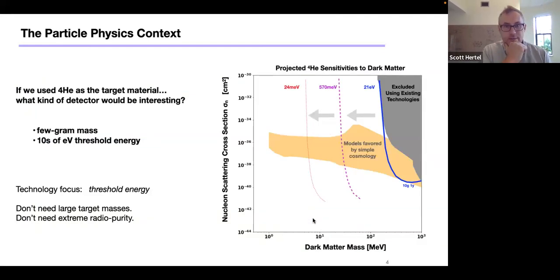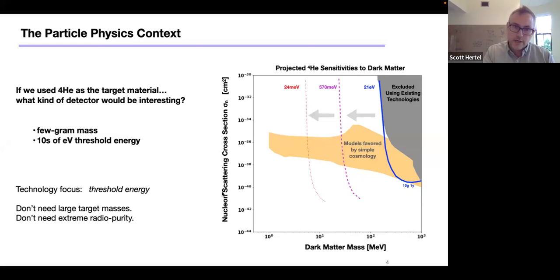If we had a helium-4 target material, and we were looking for recoils of helium-4 atoms in that material, this is the search space. We have dark matter mass here in MeV units.